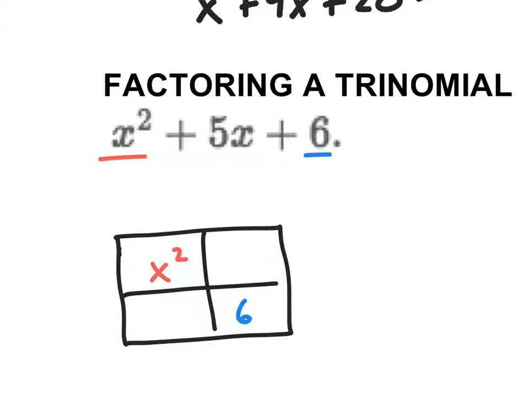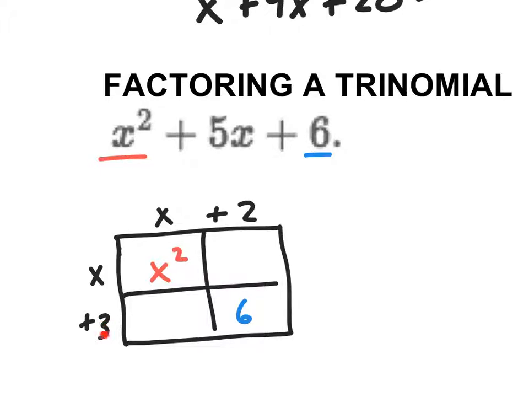Two numbers that multiply to x squared is just going to give me x and x. Two numbers that multiply to 6 is probably going to be 2 and 3. And we also have to think, those numbers need to add to 5. So this is going to give me a +2 here and a +3.